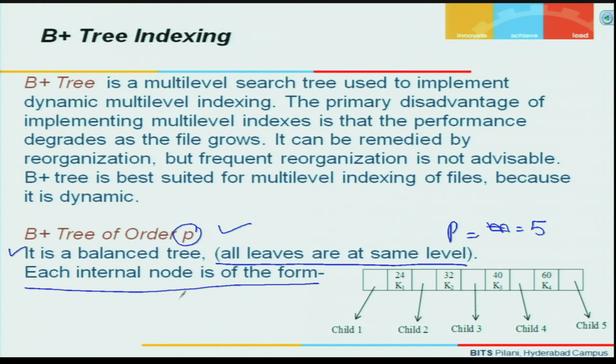Now if it has 5 children, that is 5 pointers pointing to the subtrees, how many keys are possible? 5 minus 1, which is equal to 4. Hence I find 4 keys in each node, placed in a particular ascending order, and it is also an M-way search tree. B plus tree is a kind of M-way search tree.